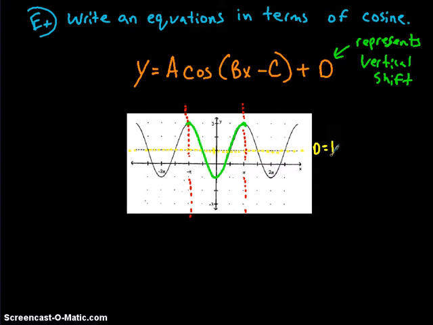So after I know D, I can then go about finding amplitude. My amplitude is still the max subtract min divided by 2. Here, my maximum is here at 3. My minimum is here, and that number is at -1.